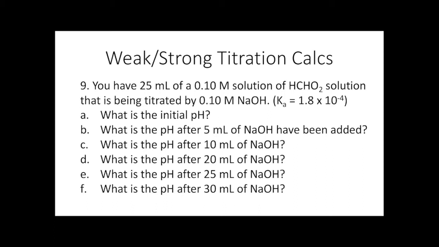Initially, we need to find the pH. Before, we could just say if it's 0.1 molar, the pH is just the negative log of 0.1 molar, but this time it's not because it's weak. So we have to use the Ka in order to calculate it. For this initial pH, we have to make a little RICE table.